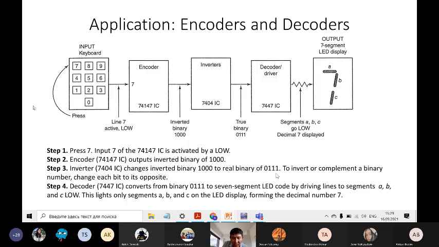So 0, 1, 1 is a 7 in terms of binary representation. Next, the decoder converts from binary to 7-segment LED code by driving lines to the segments. For example, it will drive segments A, B, and C. And now we will see this LED display and understand that somebody pressed 7.